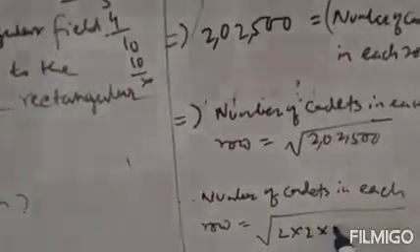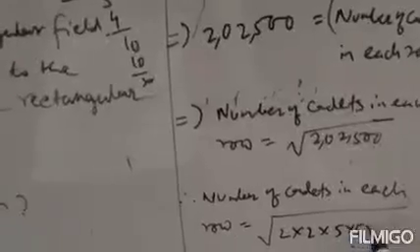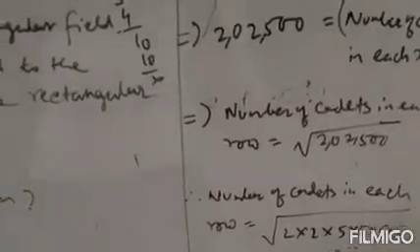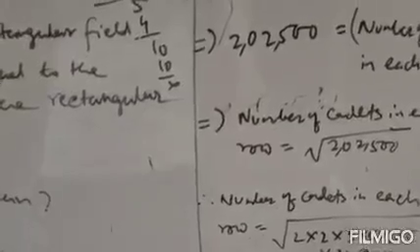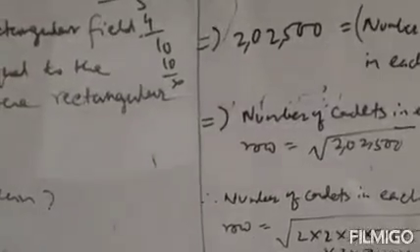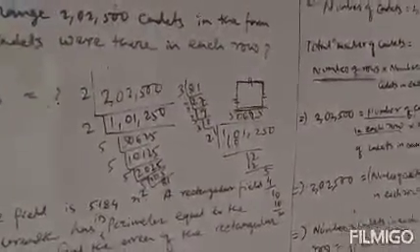So write it down. 2 twos, 4 fives, 4 threes. Clear? So this is the square root.